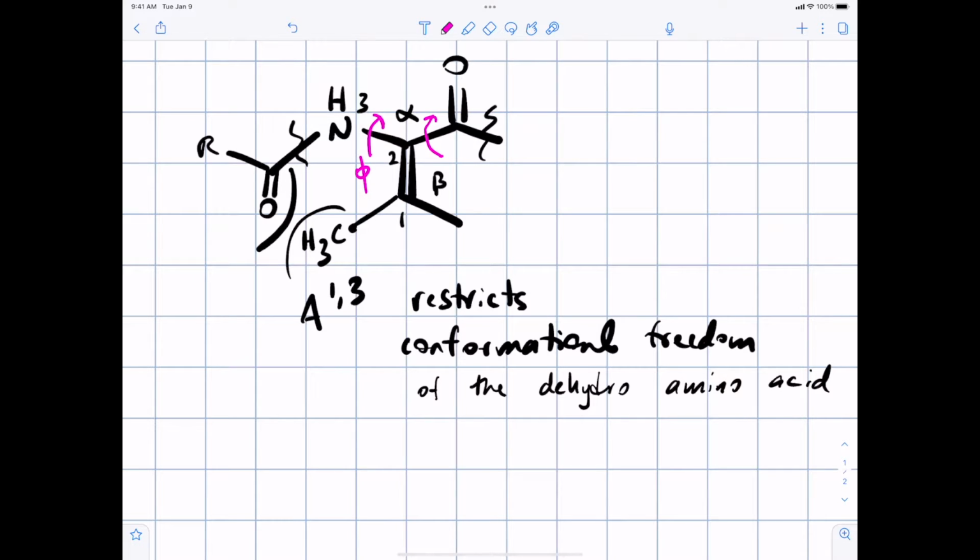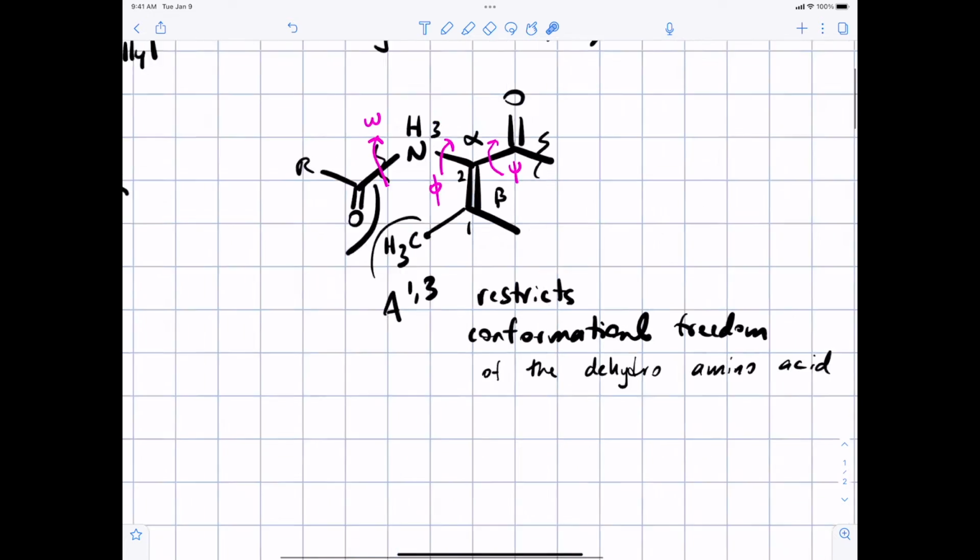The dihedral angle for rotation about this bond is given the Greek letter psi, and the rotation around this bond between carbonyl carbon and nitrogen is given the Greek letter omega. And having this A13 strain affects the values that the amino acid can adopt for these groups. All right, so rings.